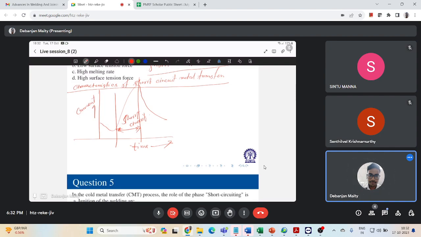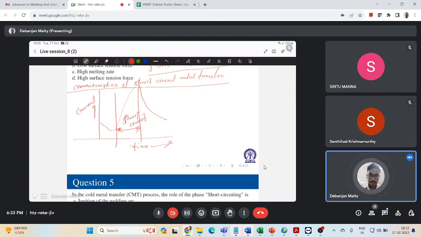Okay. So we have talked about different kinds of metal transfer, like globular, spray, and short circuit. Then, as I was mentioning, cold metal transfer is actually a part of gas metal arc welding, but in principle it works by retracting the weld wire at a short circuit condition, which ensures drop by drop deposit.